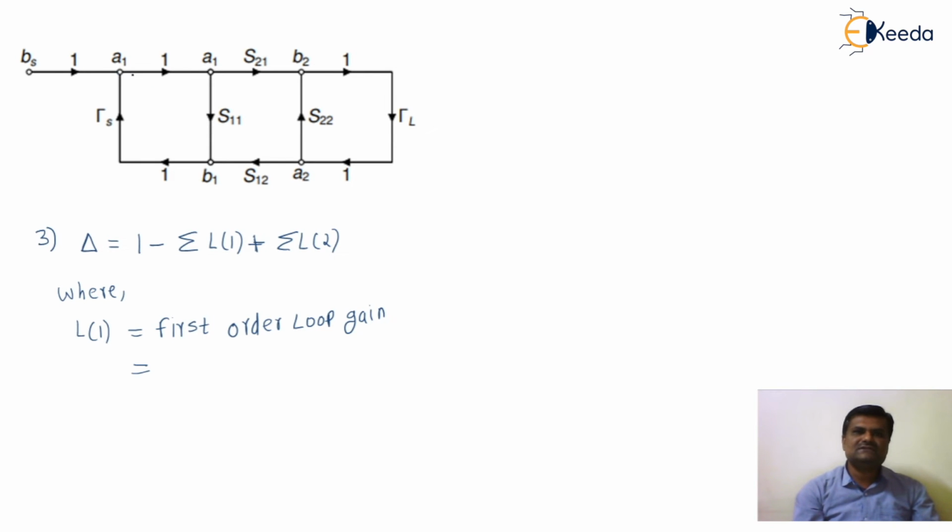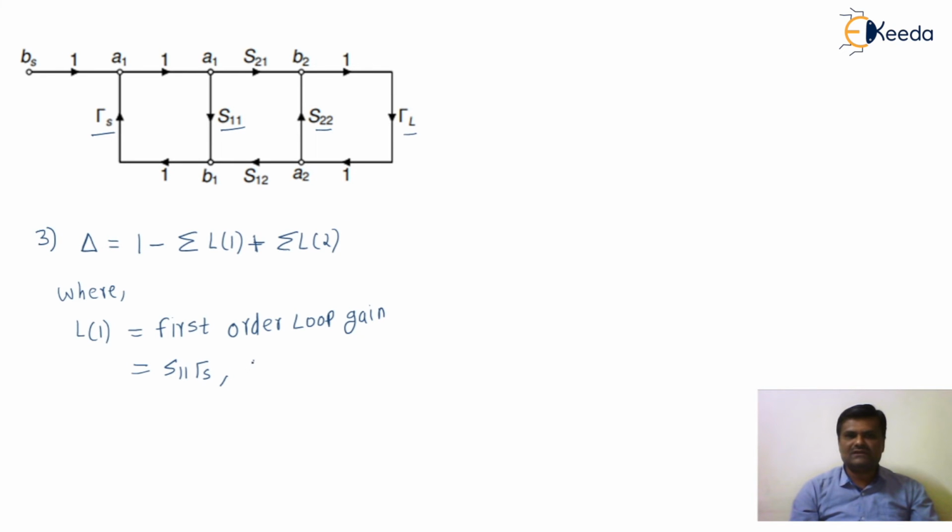One is here. This is the first input side loop, which starts from A1, B1, once again A1. What is the gain of that loop? S11 gamma S. Second loop, this loop B2, A2 and B2. What is the gain?